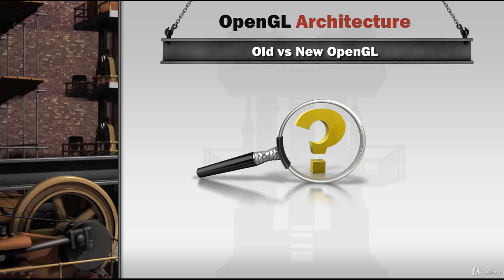Features have been added since 3.3, but generally how you draw things is done the same way, fundamentally. So that's one reason why we're gonna stick to 3.3. The other reason is if you do happen to have an older computer that doesn't support the newer versions of OpenGL, it's going to be hard for you to follow along. So that's why we're going to use 3.3.